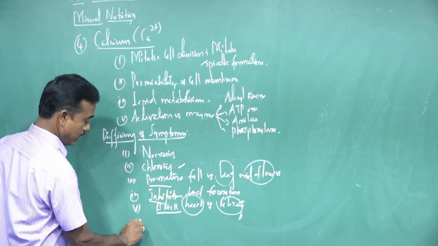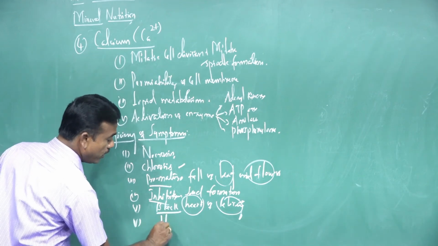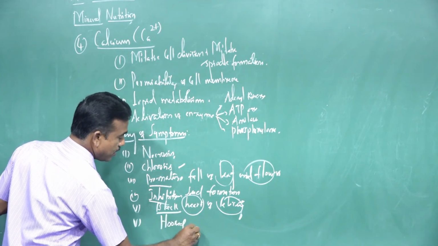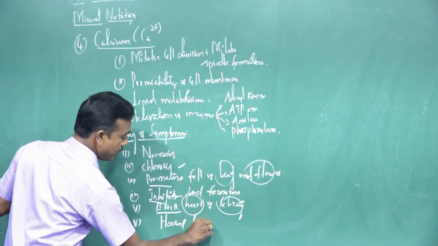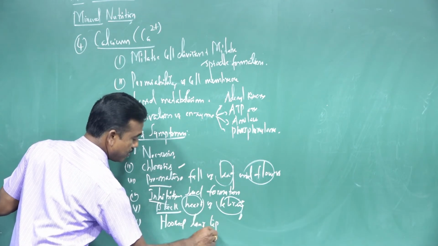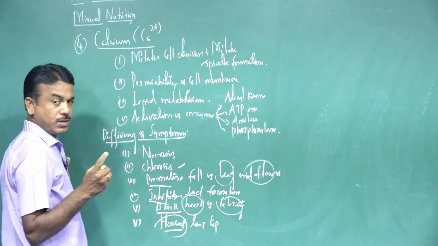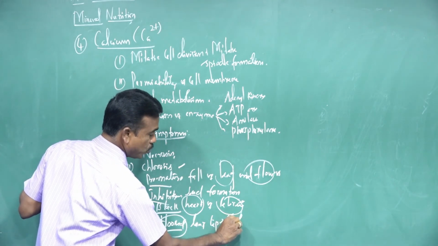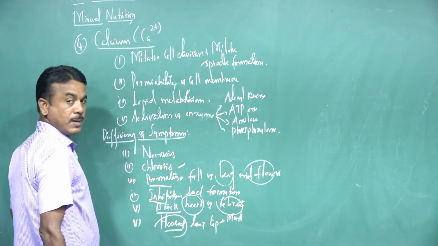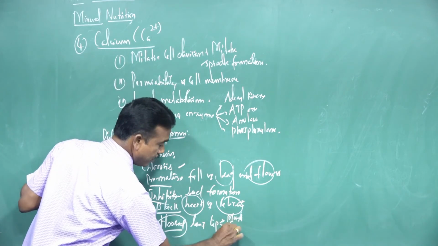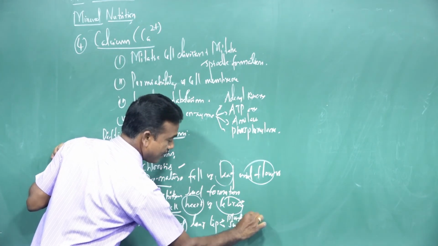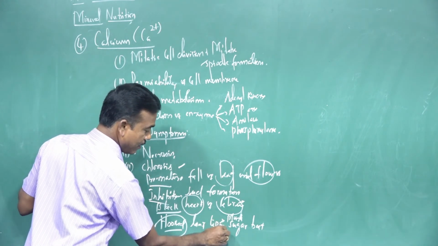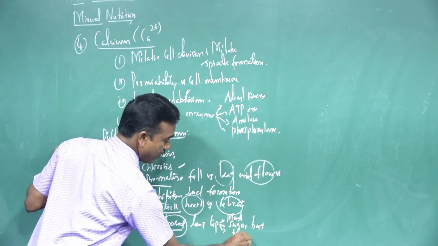And sixth one, hooked leaf, because the leaf tip looks like a hook-like structure. These symptoms occur in Musa, commonly called banana, then sugar beet, and then tomato.